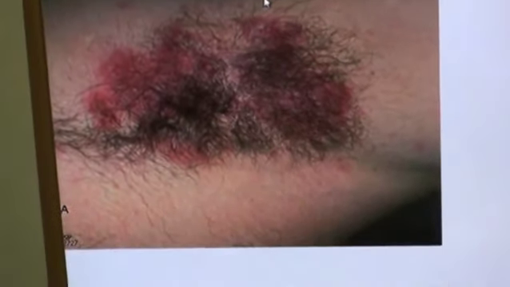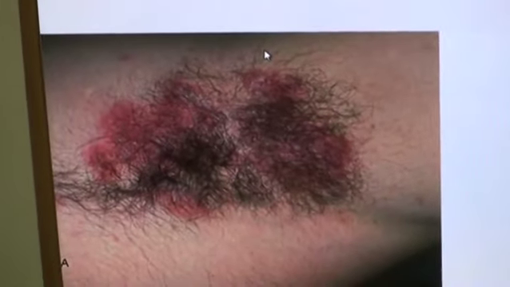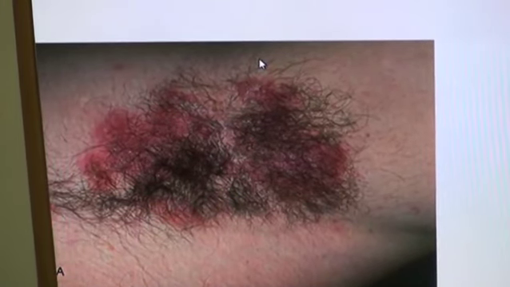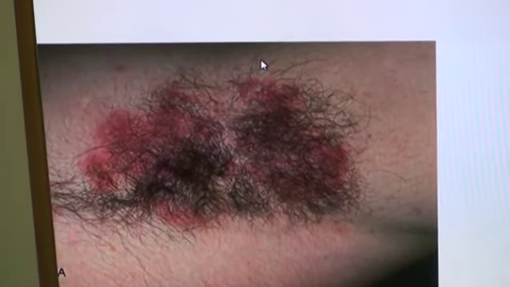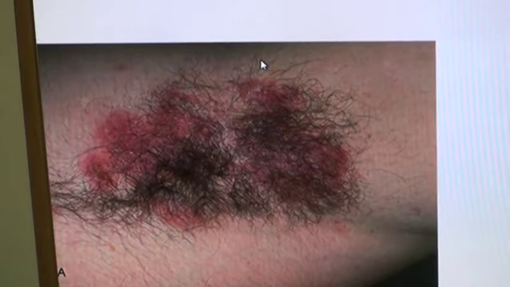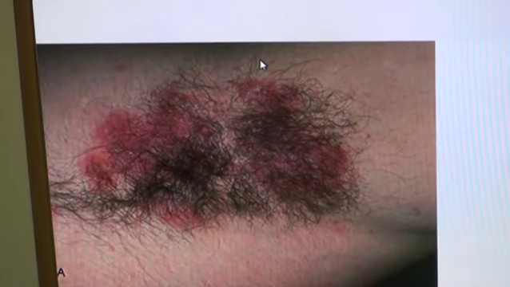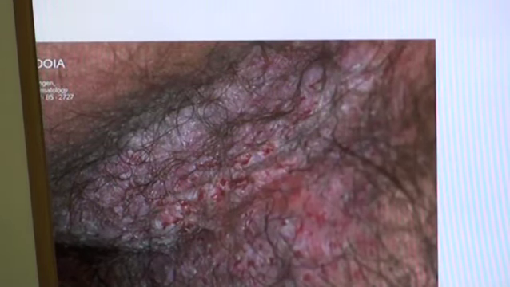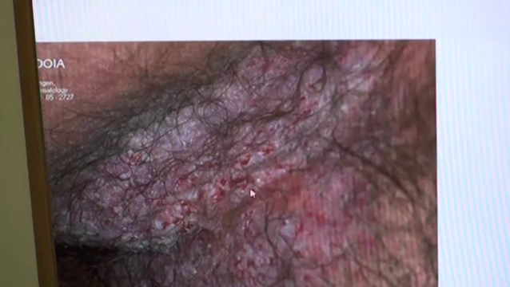Chronic benign familial pemphigus. It usually occurs in the armpits, groin. Here's the groin lesion. You see that? It looks like an intertrigo of sorts, but you can see the chronicity of it. You see all this is kind of weird looking, and you see these erosions there?